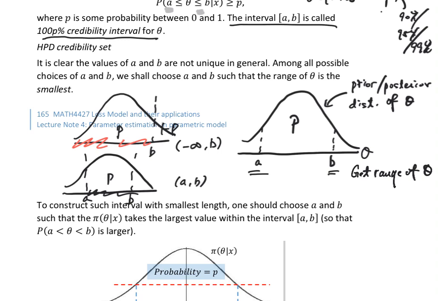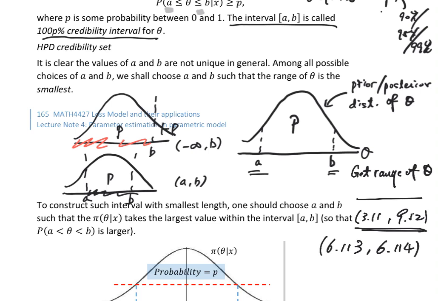Definitely we want the range to be as small as possible. If I give you a range like 3.11 up to 9.52, even though you can obtain that, it is not quite useful, because theta can still have a lot of possibilities. But if you end up with a very narrow interval, then this is a good one, because the range of theta will be very small. What's more, given this, you can guess that theta is approximately equal to 6.11.